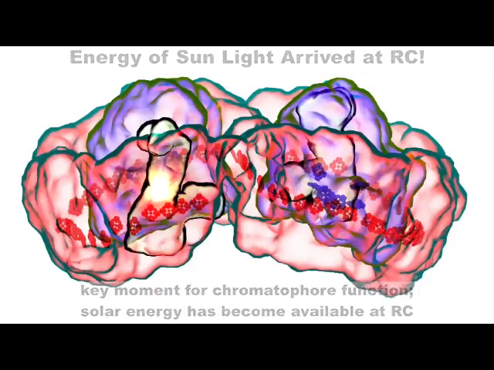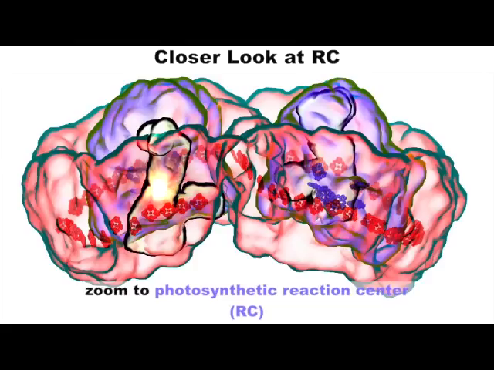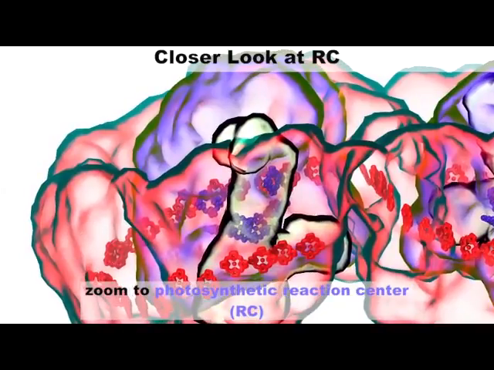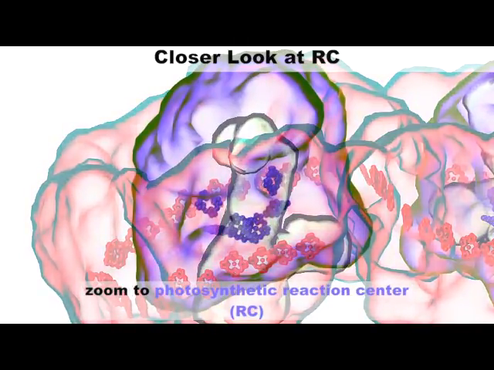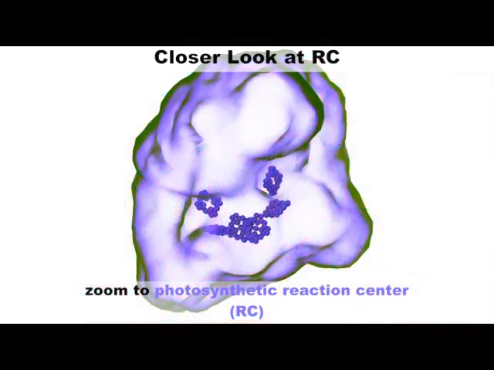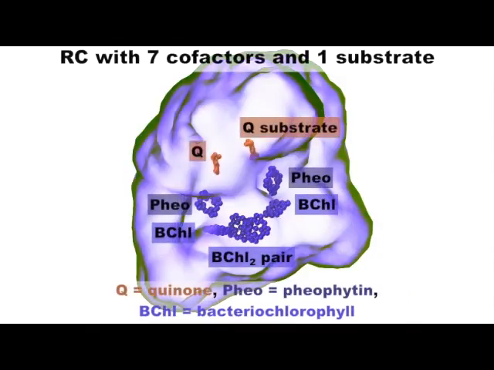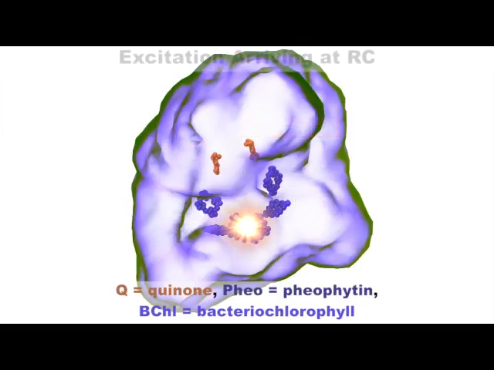And so this is where the energy then is really collected, the sun energy, and now we want to have a closer look. And so here we see then the components that are doing the job, the substrates and the factors. And here we see the local excitation that was populated at the end of this energy migration.